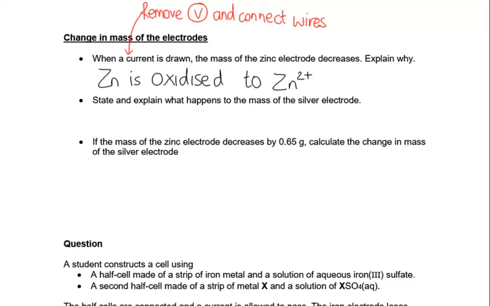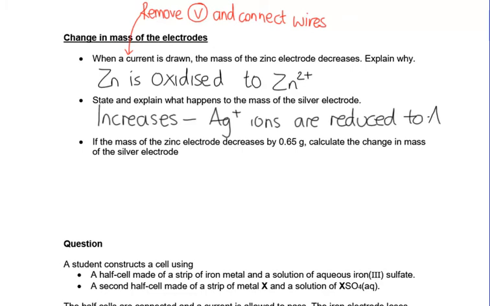Remember silver ions are being turned into silver metal, so the mass is going to increase, because Ag+ ions are reduced to Ag. And in an exam they could then just add an AS question about moles and masses.